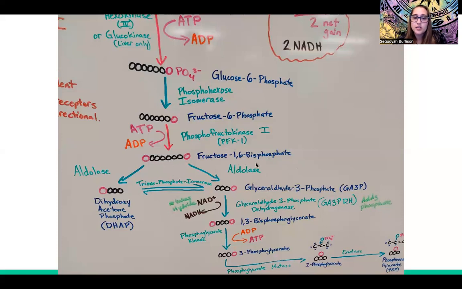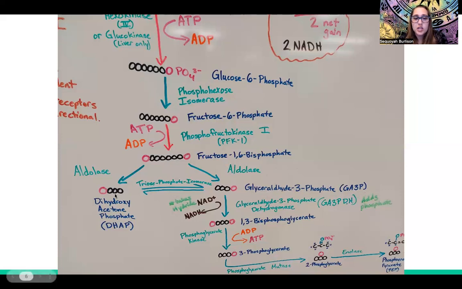Now, the enzyme aldolase is used to split the 6-carbon fructose. This fructose 1,6-bisphosphate is split by aldolase into dihydroxyacetone phosphate (DHAP) and glyceraldehyde 3-phosphate (GA3P).